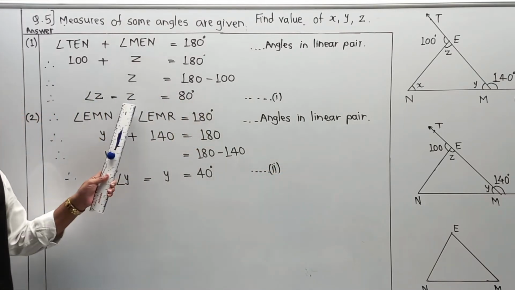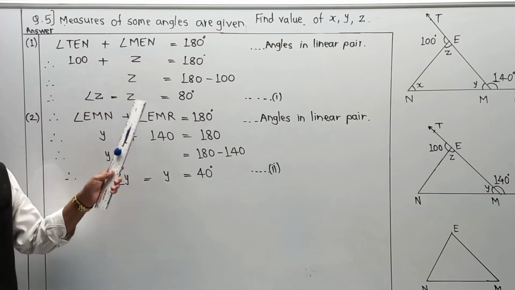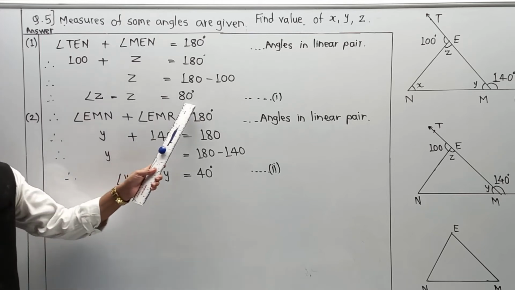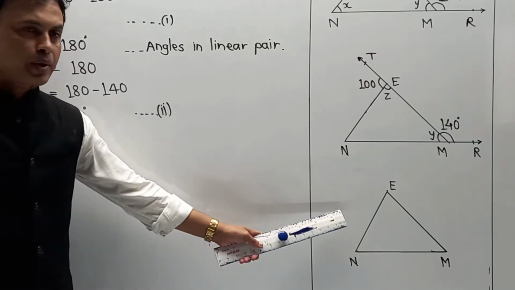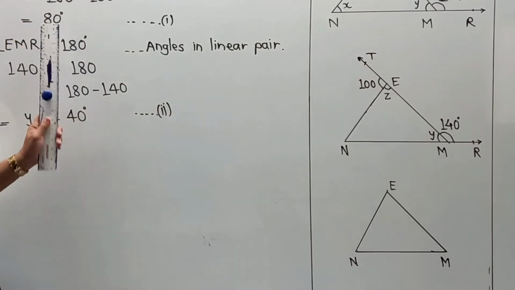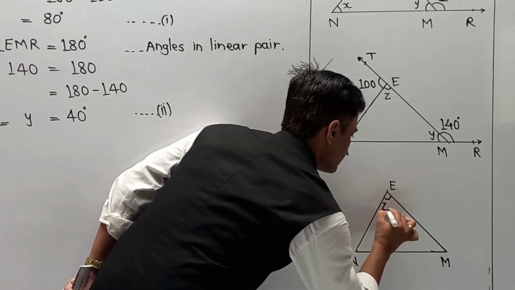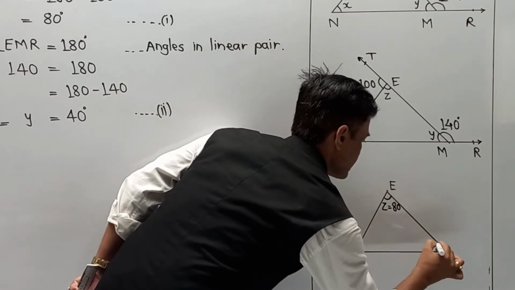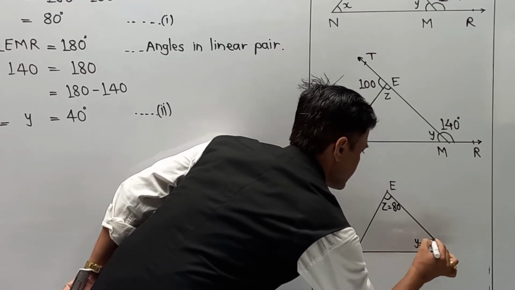Now, after getting the value of Z and after getting the value of Y, we have two parts. We know the value of Z, that is 80, and value of Y as 40.